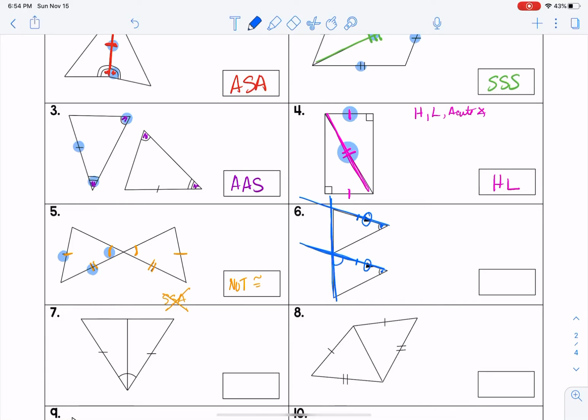And then I can see that, lo and behold, these are corresponding angles. Corresponding angles are congruent. So now I know that I have angle, side, angle to prove congruence. So I use corresponding angles.